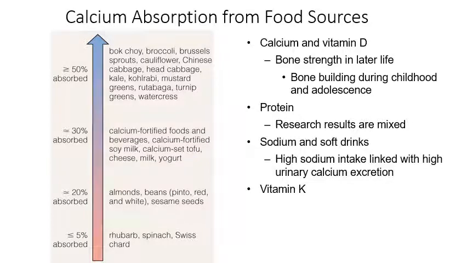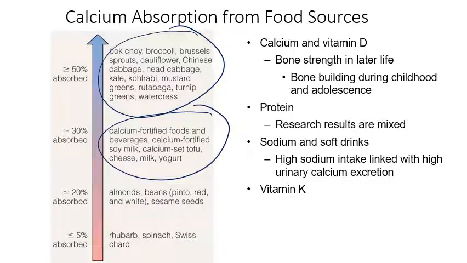All right, let's look at this chart here. These foods have 50% or more absorption of calcium. And these foods have about 30% absorption of calcium. These foods have about 20% absorption of calcium.